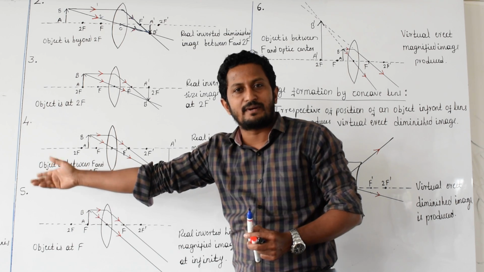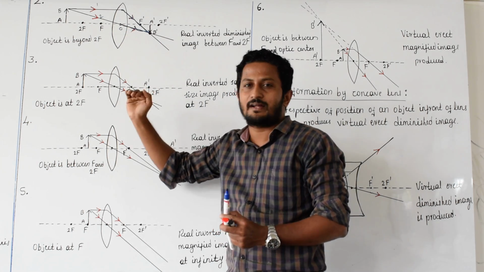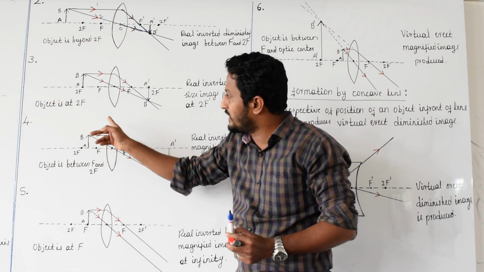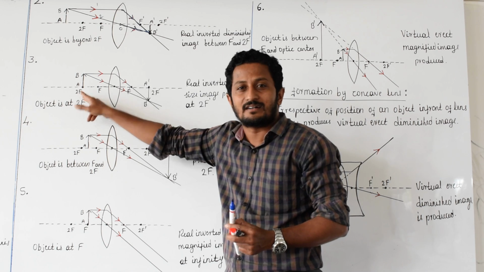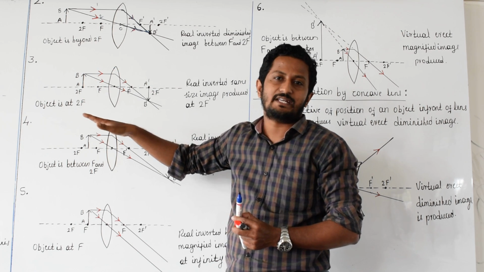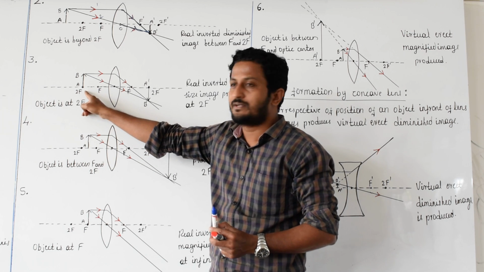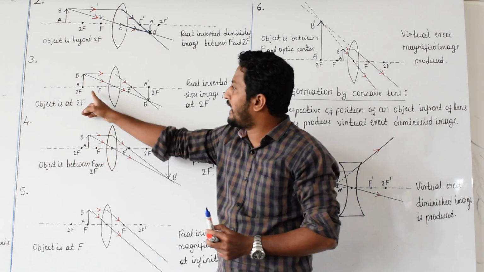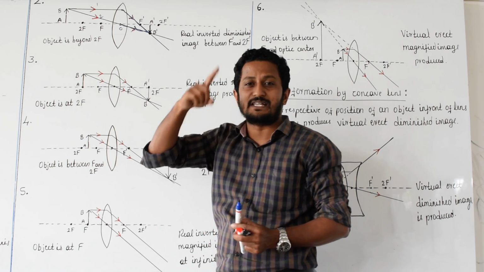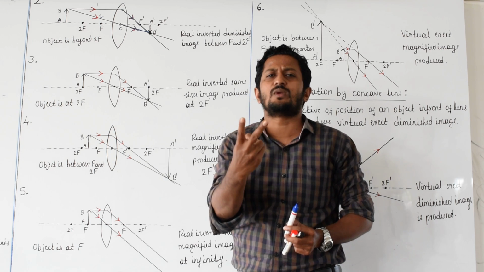Firstly, we imagined the object at infinity, and secondly we imagined the object beyond 2f. Now in the third one we are imagining the object at the 2f point only. Now look at this diagram, the object is at 2f. Again you have to place a linear object AB at 2f and take two light rays.